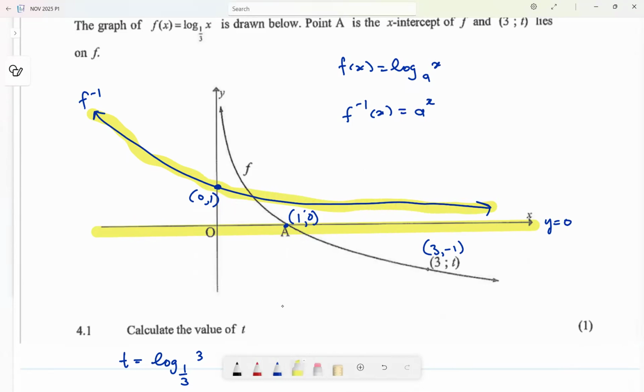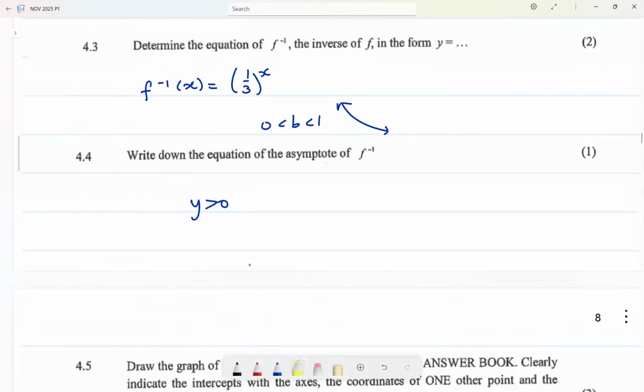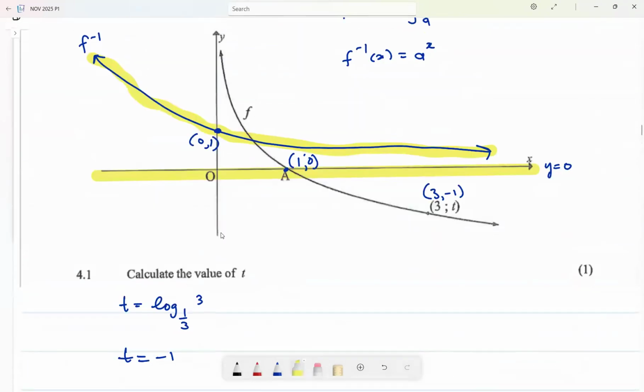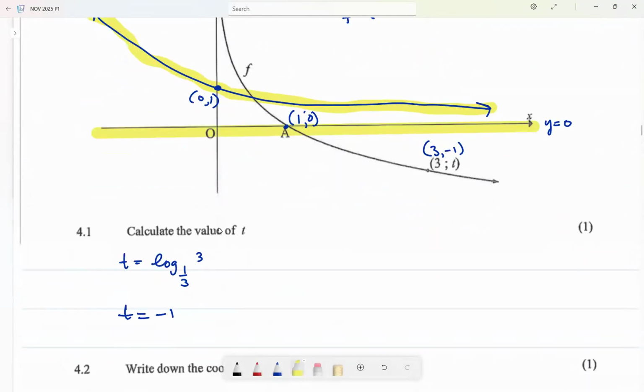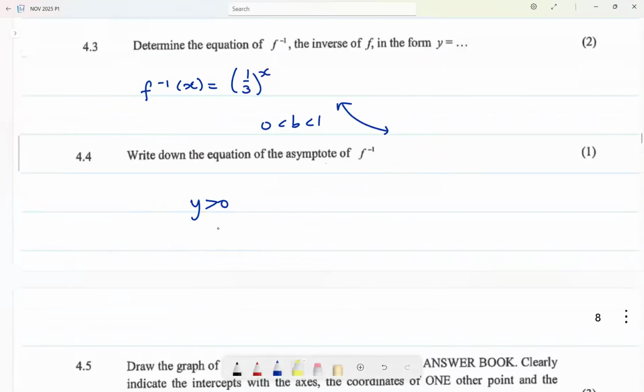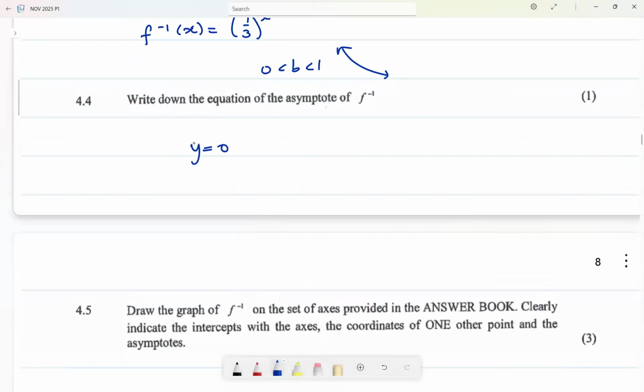Every value of y is greater than 0. Or if you don't want to draw it, you can say, remember that... no, I'm lying. This is the range that I did here. What I did was the range. So the equation of the asymptote is y equal to 0.